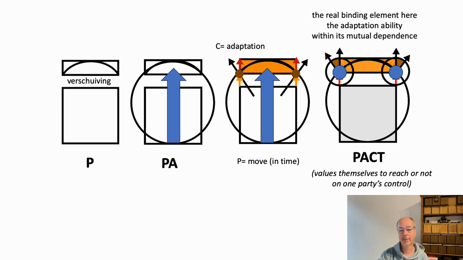So the binding element actually is not necessarily the impact. It will have an impact, but it is more like the values there are worked out in a certain dependency. In fact, these values are not possible that you can, from one point of view, control them. They are outside your own time and place.